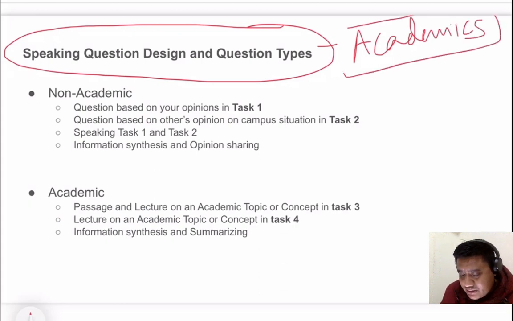Academics can be loosely translated into a situation where you're studying a particular subject at a university. So what kinds of language do you have to use, right? When we talk about the speaking test, what kinds of speaking do you have to do when you're studying at a university? That's the basic question you ask.